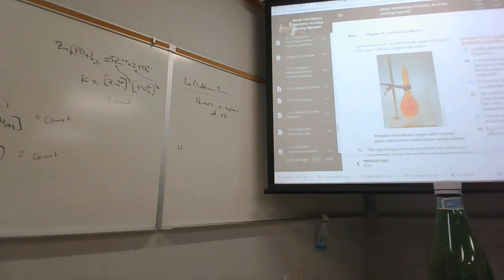Pure solids and pure liquids we omit. And so we set up an ICE table like this. ICE stands for initial, C stands for change, E stands for equilibrium.